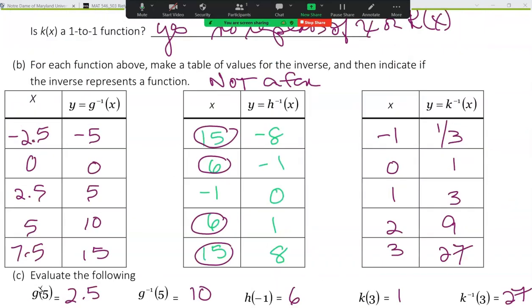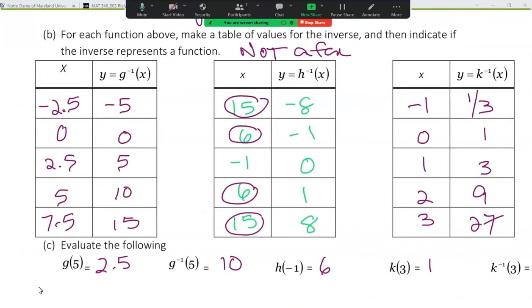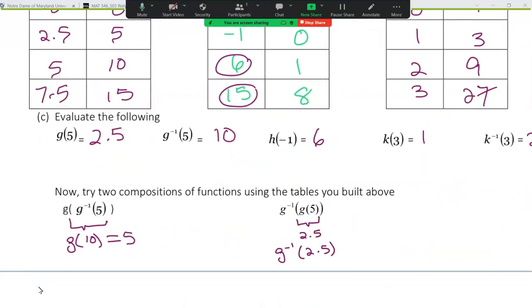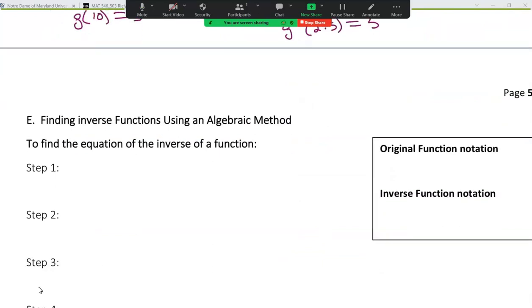So come down here, and g to the negative 1 of 2.5 is 5. So I do get that 5 back. Okay, so think about that because these are nice relationships. Be able to read these tables comfortably and to create the table if I give you the original function's table. Be able to create the inverse function table.